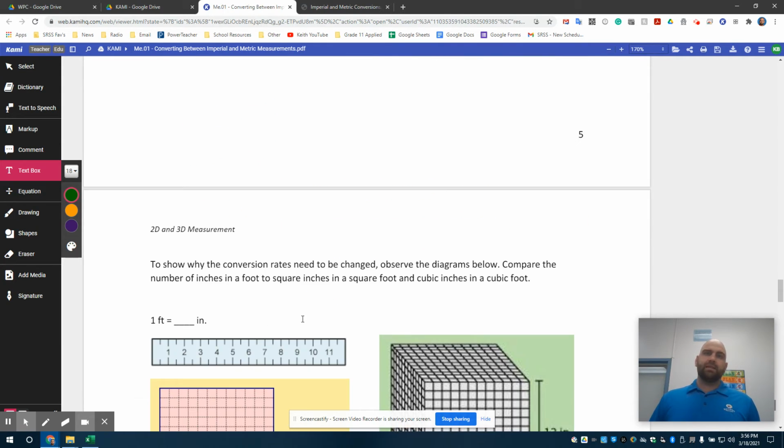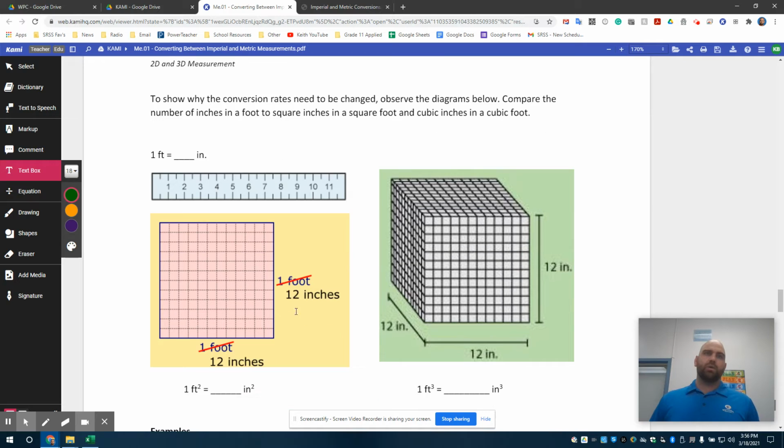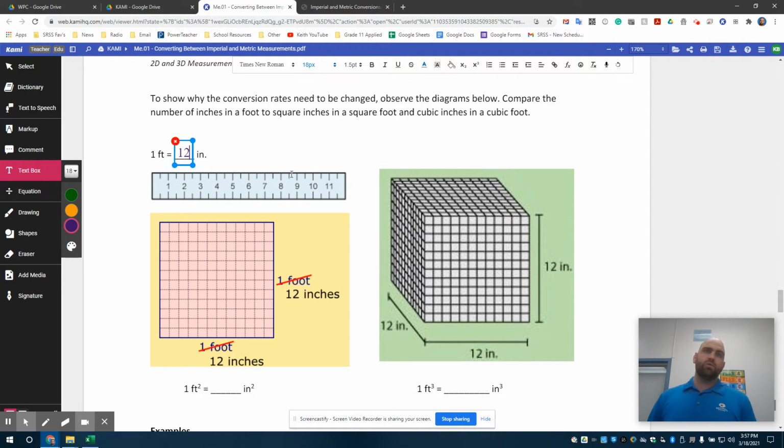Now, the reason that we get that, and these are the diagrams that I show here, is that we know, in essence, that 1 foot is the same as 12 inches. Okay, we can see that in the ruler. You've probably done that in previous grades as well. 1 foot is 12 inches. The thing is, when we put a 1 foot by 1 foot square, and we want to put little 1 inch squares in there, 12 will only fill up one side.